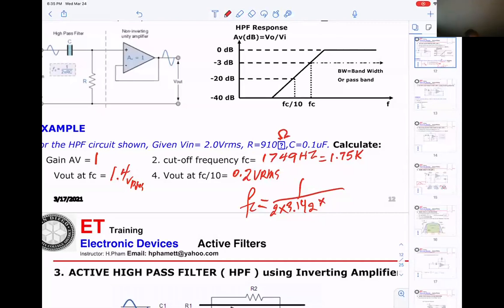Number 4, that means they get a minus 20 dB. Minus 20 dB means 0.1. You take 2 volts times 0.1. Okay, got it.